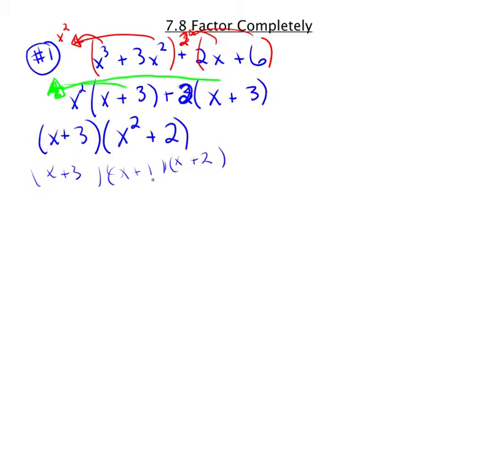And that would make a middle term of positive 3. So even if I switch the 1 and the 2, it wouldn't work. So that right there is our factored form. So we will circle that factored form for our first example.